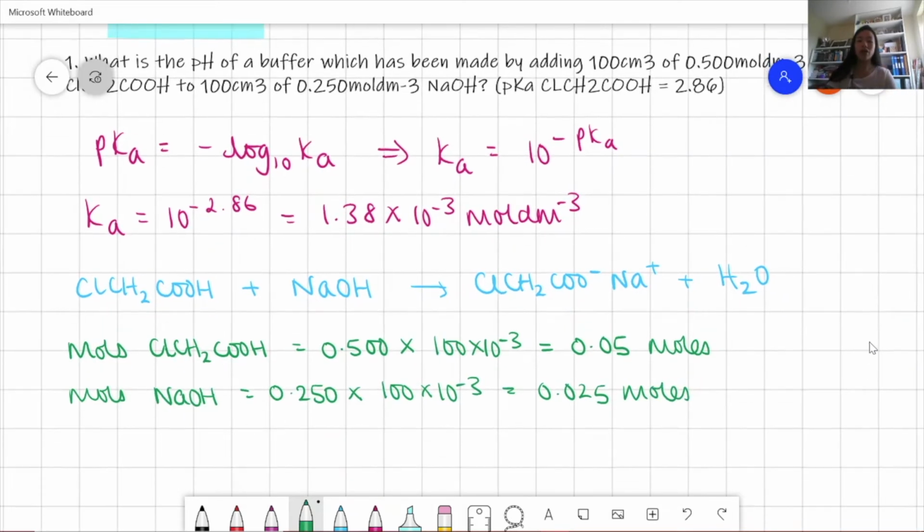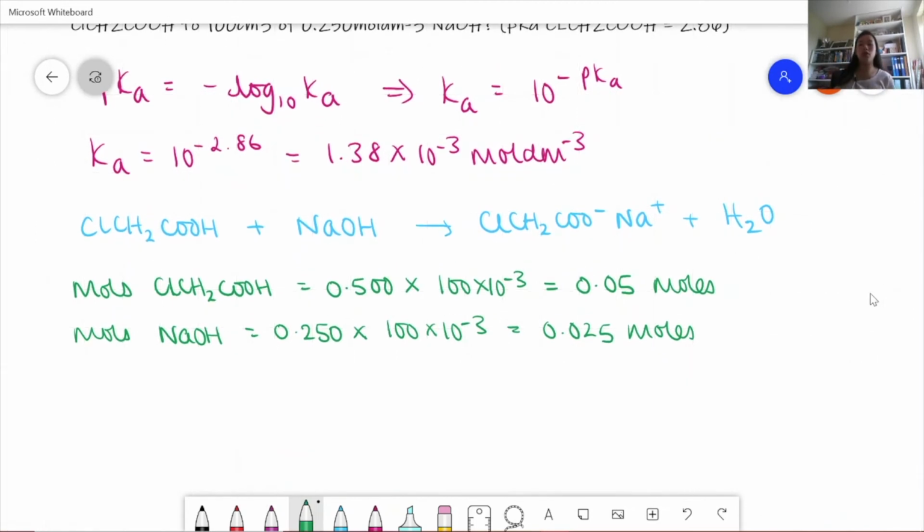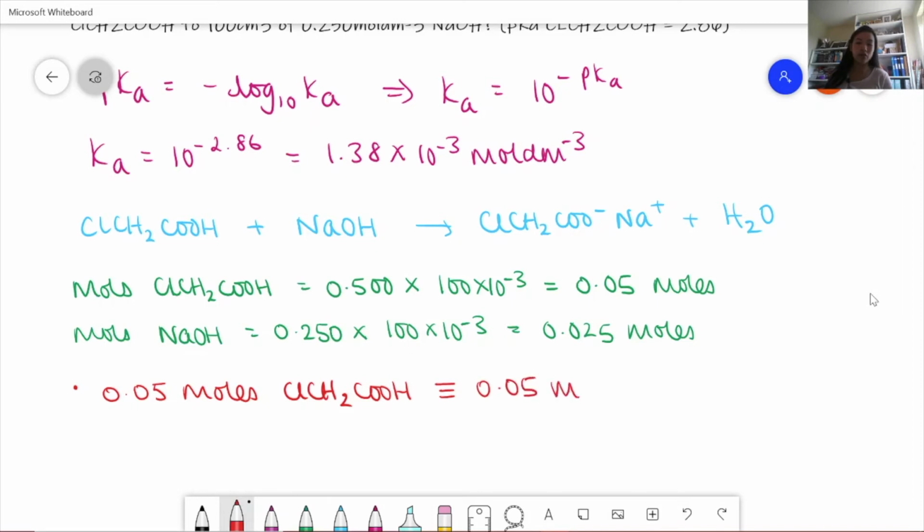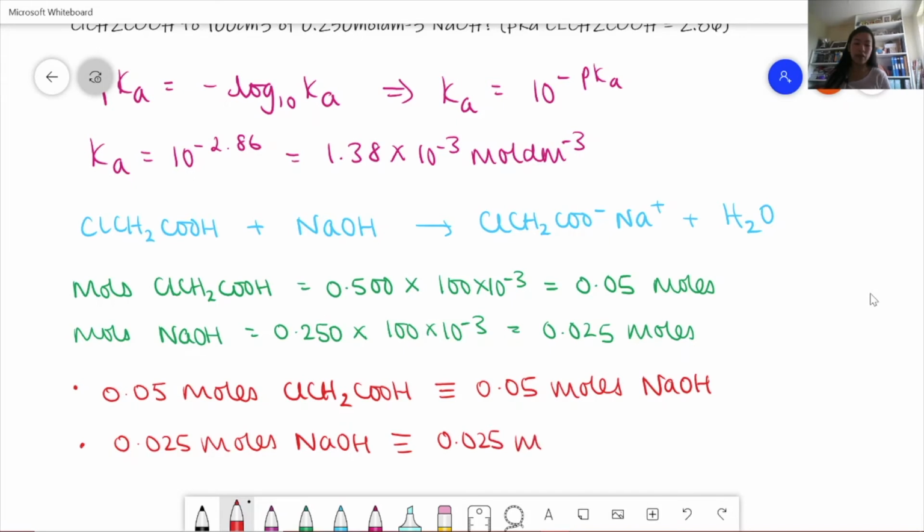And now when we look back at the equation, we see that there's a 1-to-1 ratio between the chloroethanoic acid and the sodium hydroxide. And this means that we can have two scenarios. The first scenario is that we have 0.05 moles of this chloroethanoic acid reacting with 0.05 moles of the sodium hydroxide, or we have that 0.025 moles of sodium hydroxide react with 0.025 moles of this chloroethanoic acid.